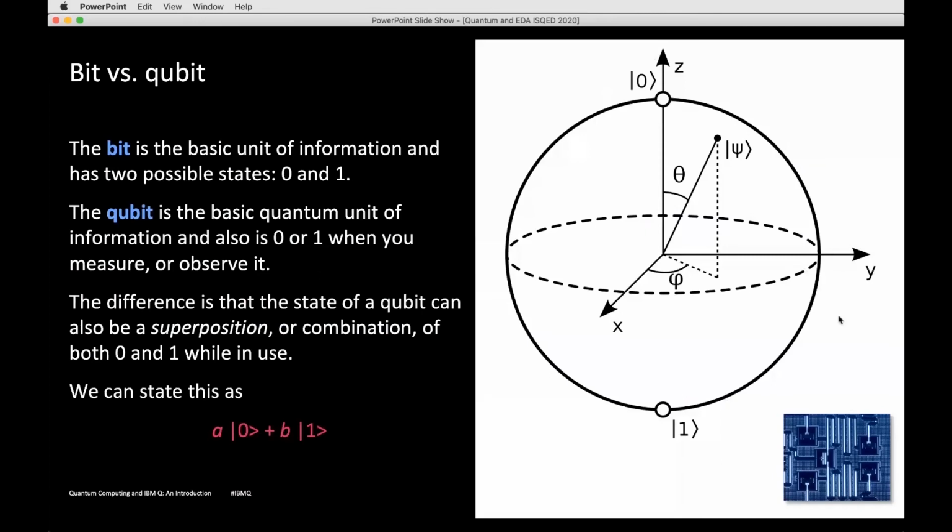Basically any superposition of 0 and 1, depicted by this arrow where it lands on the sphere, is a valid qubit state. And the notation that we use for this is a certain amount of 0 plus a certain amount of 1, that gives us a vector and it positions us somewhere here on this globe.